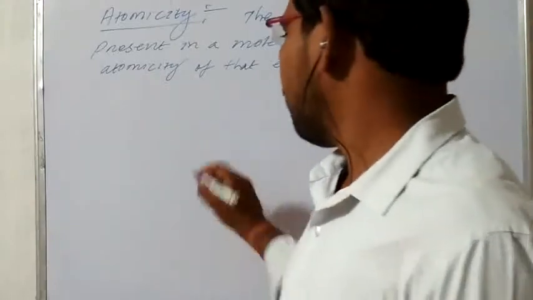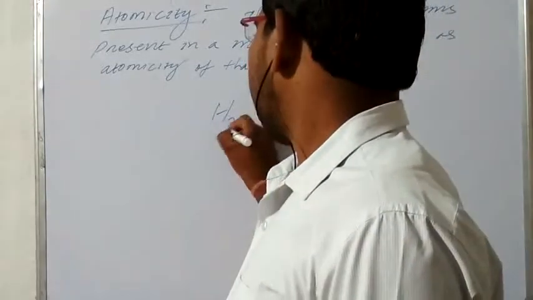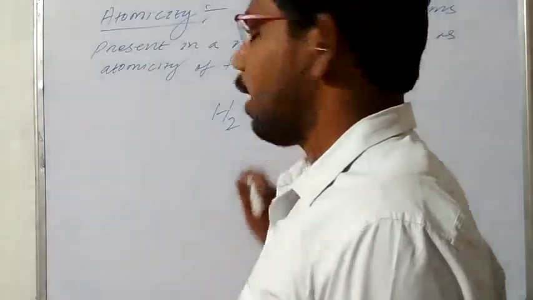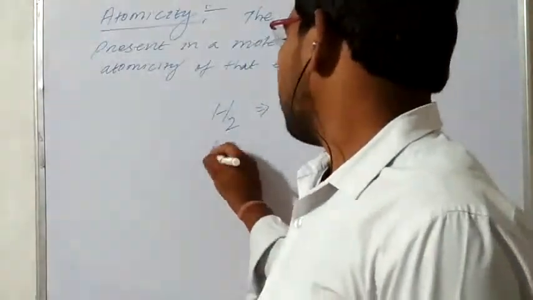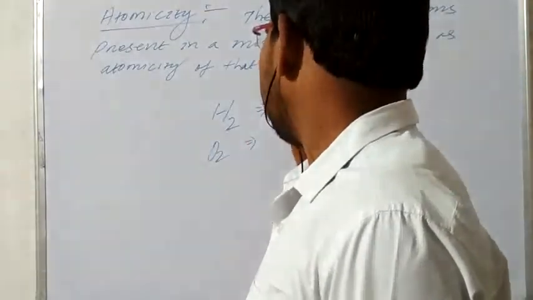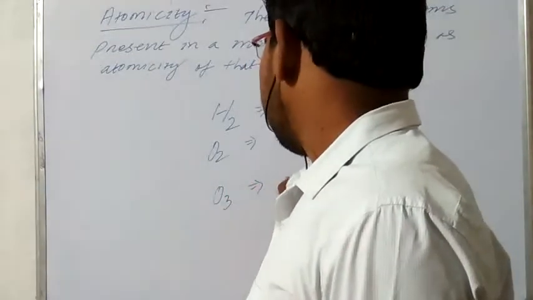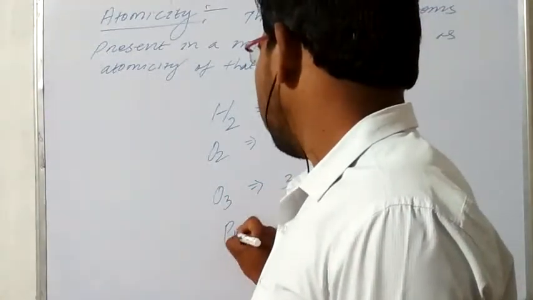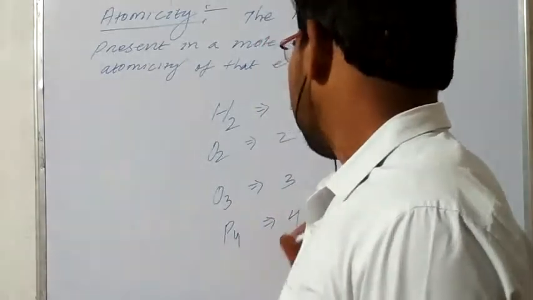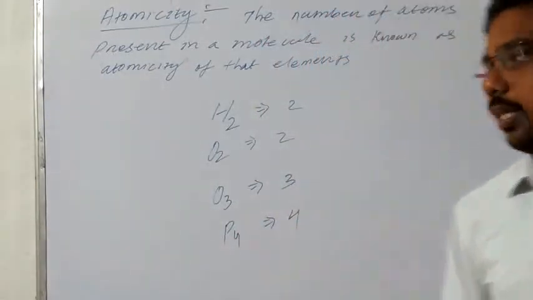For example, hydrogen is H2, its atomicity is 2. Okay, oxygen O2, we have written its atomicity is also 2. O3, its atomicity is 3. Phosphorus P4, its atomicity is 4. Okay, so like this.